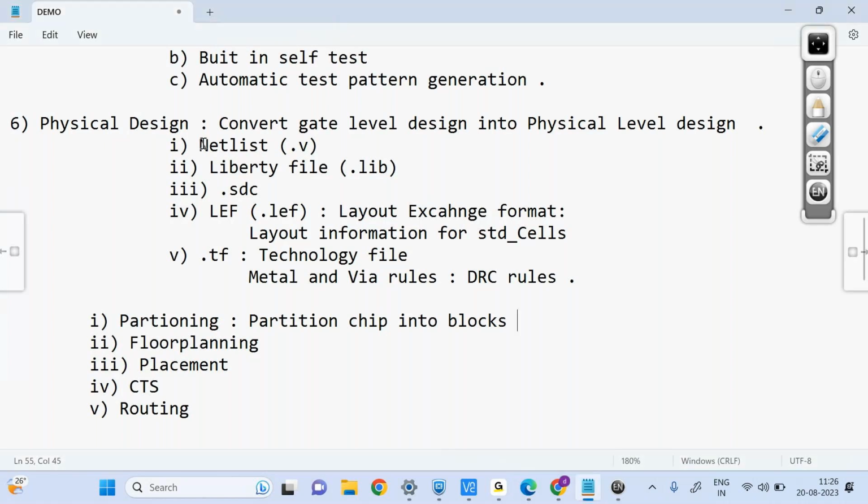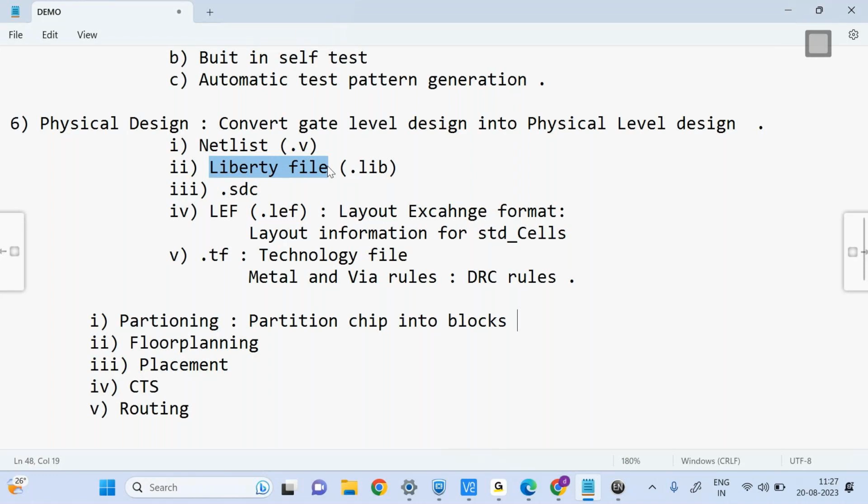Netlist is an output of synthesis. SDC is an output of synthesis. The Liberty file is not an output of synthesis. The Liberty file has standard cell information. It is given by the library characterization team. There is a separate team for that, and their role is to characterize.